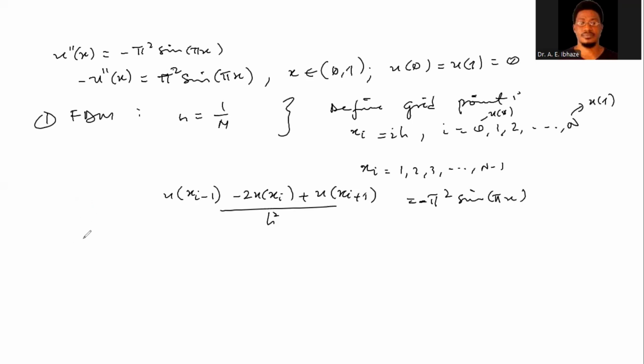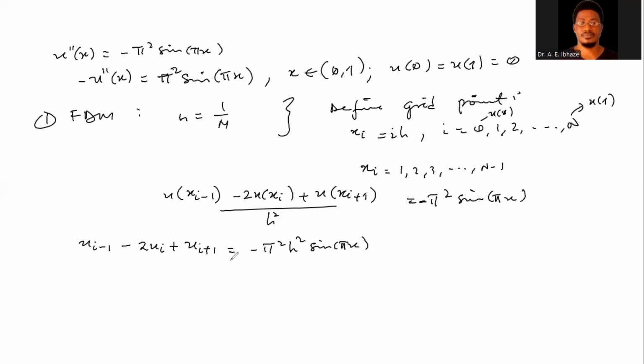And then we can open this up such that u_{i-1} minus 2u_i plus u_{i+1} is the same as negative pi squared h squared sine pi x, if we multiply through by h squared.